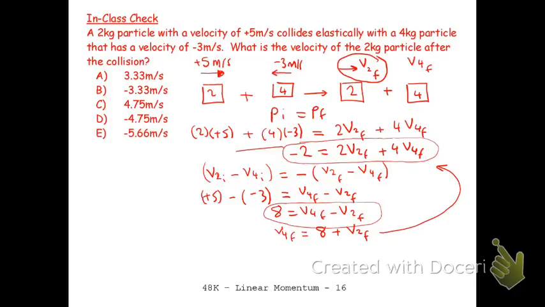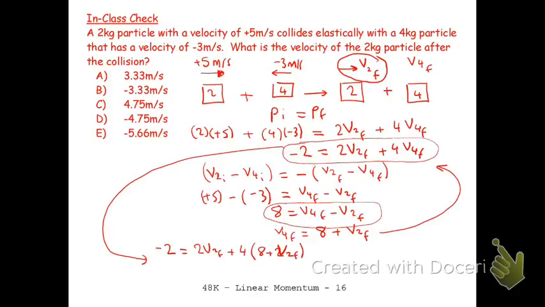No space, so I'm going to come back around here. Minus 2 equals 2V2 final plus 4, and rather than V4 final, I'm going to put 8 plus V2 final.